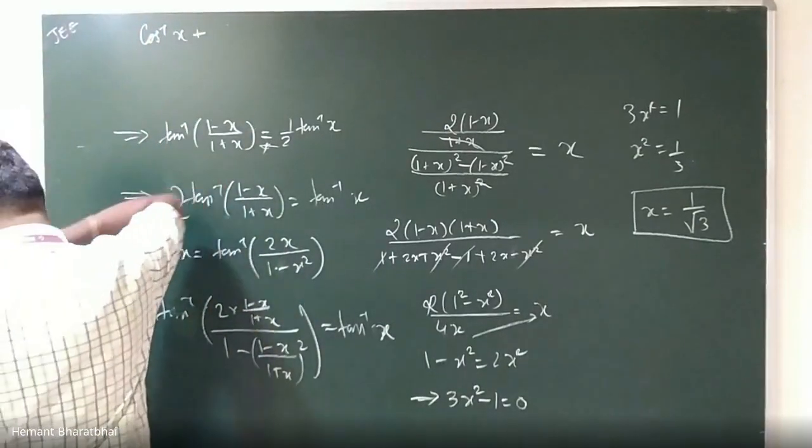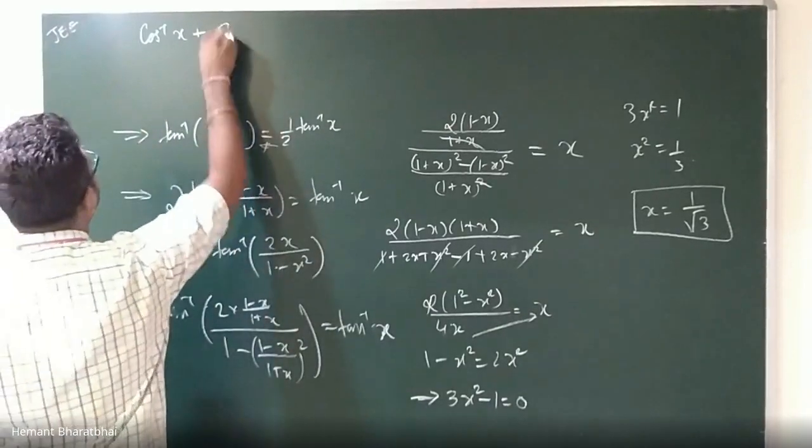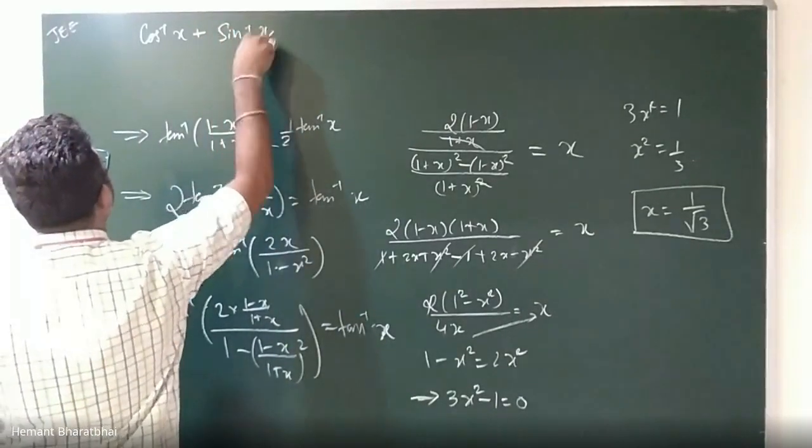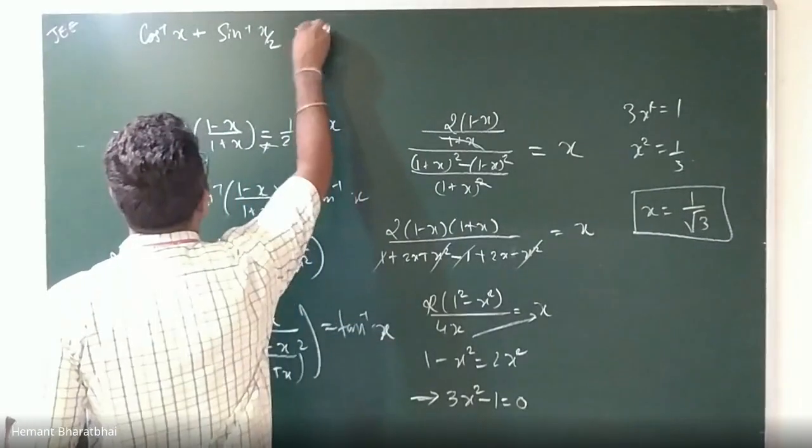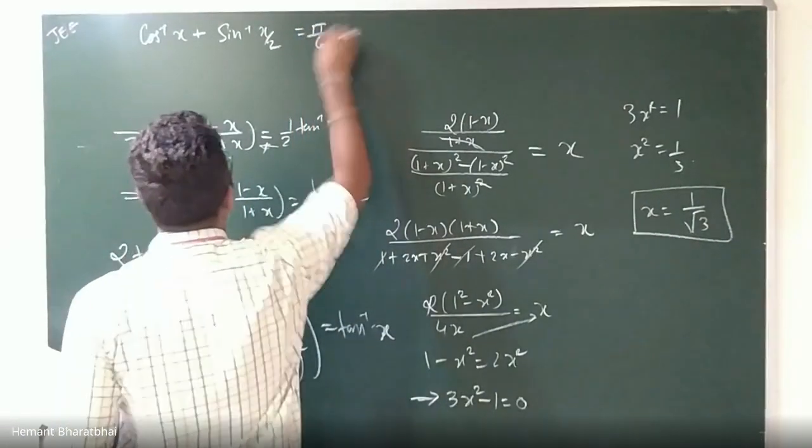Cos inverse of x plus sin inverse of x by 2 is equal to pi by 6.